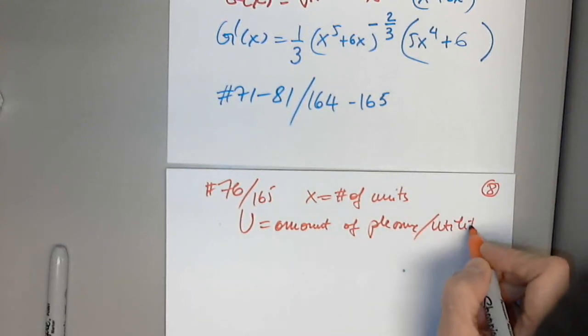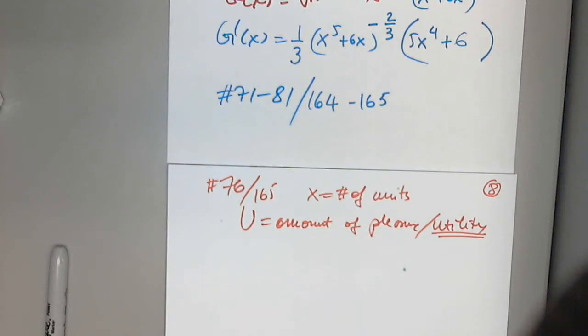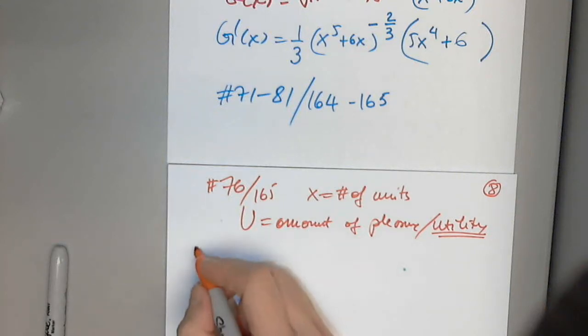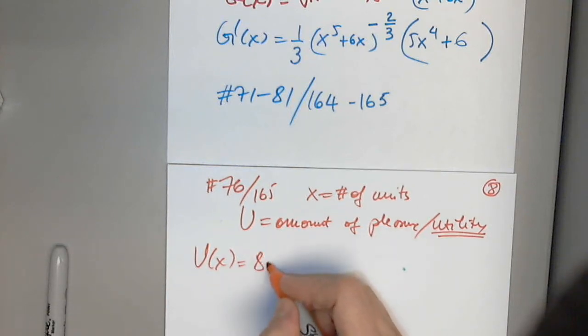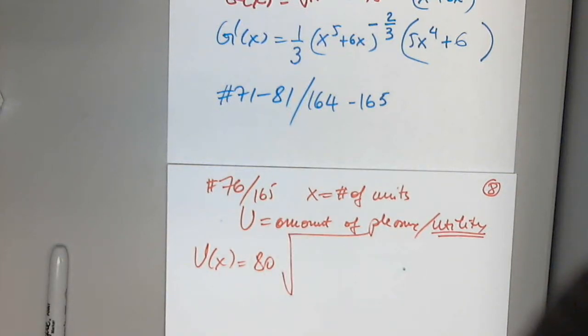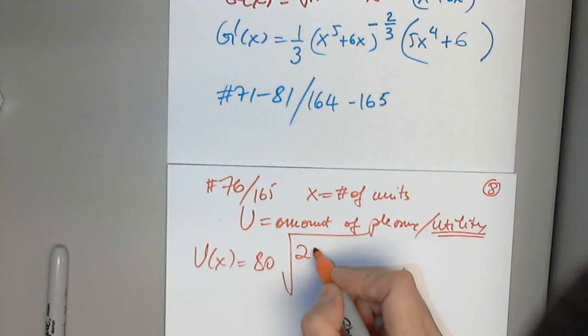Utility. Suppose the utility related to the number of tickets X sold for a ride at the county fair is U of X equals 80 times the square root of 2x plus 1 over 3x plus 4.